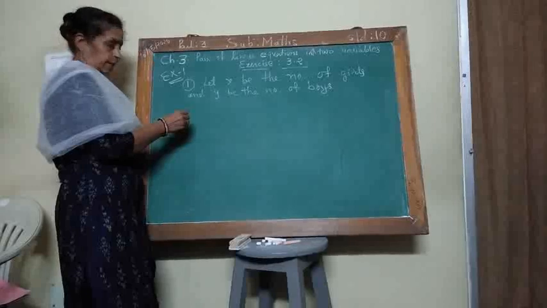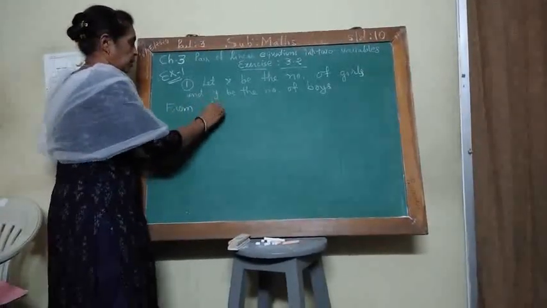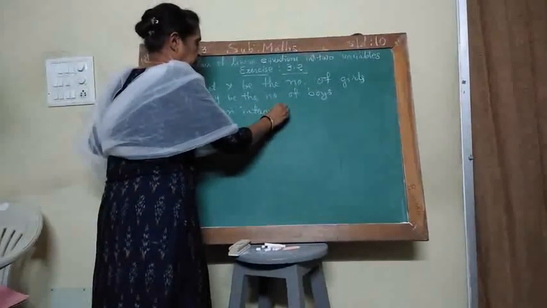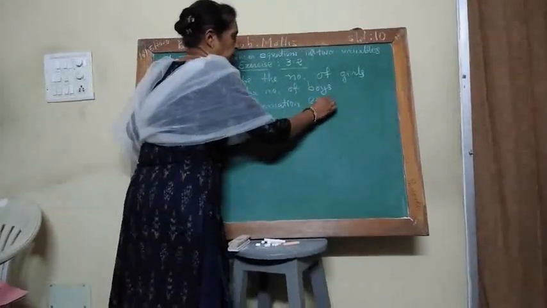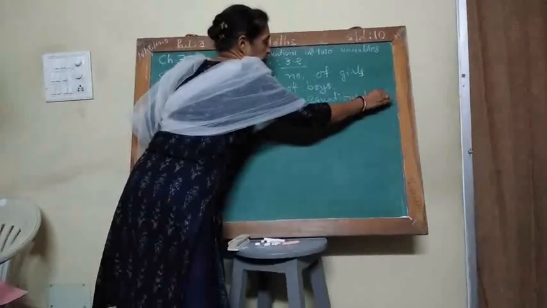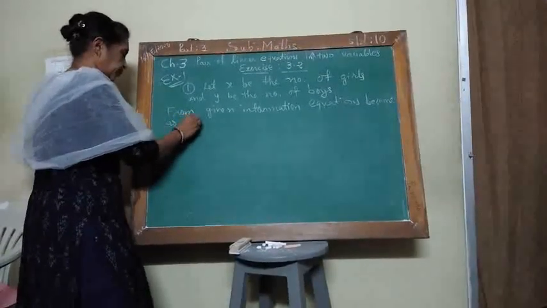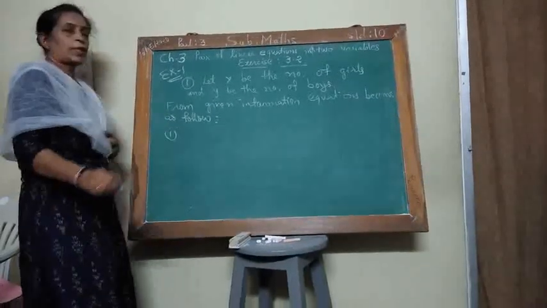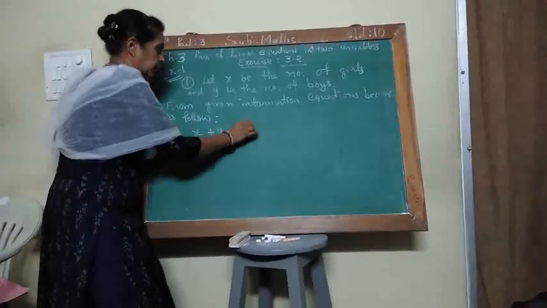From the given information, the equations become as follows. Number 1, total students 10, that means x plus y is equal to 10.